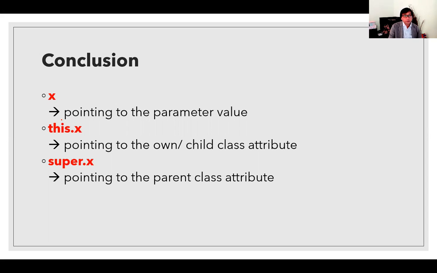But when we use the keyword this before the variable name, it stresses that we are going to access the attribute or method of the class.